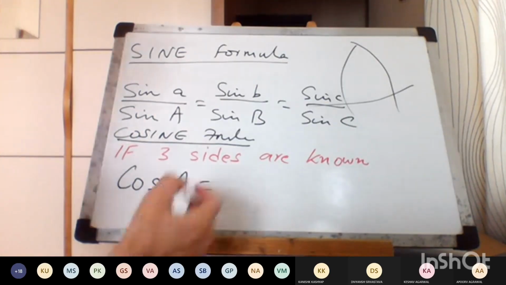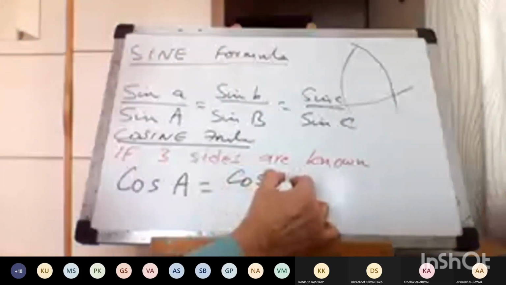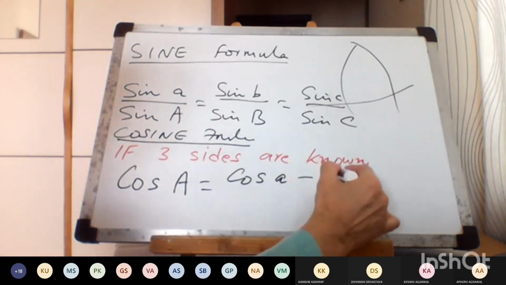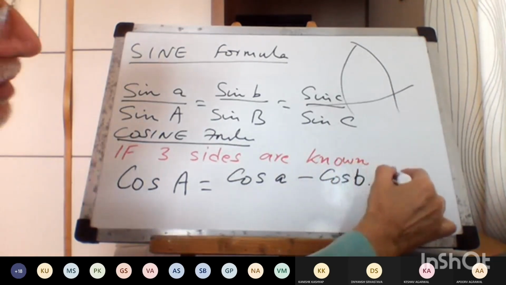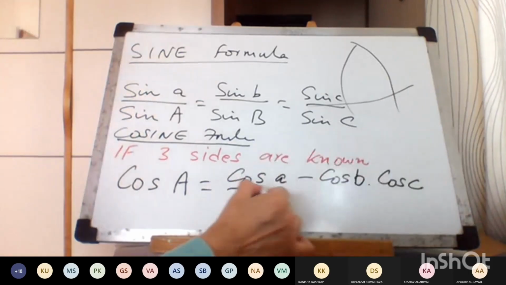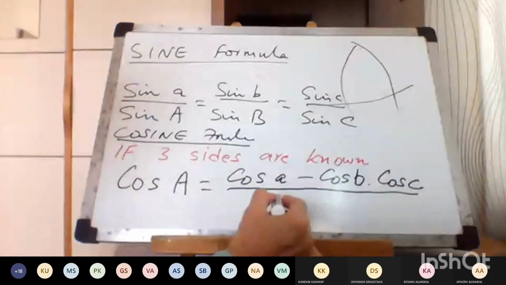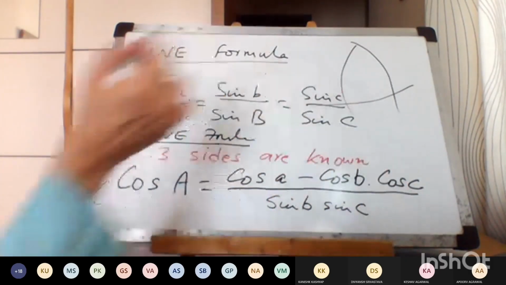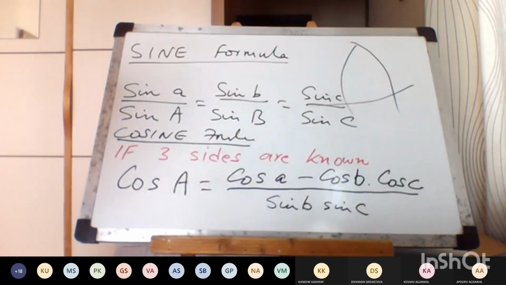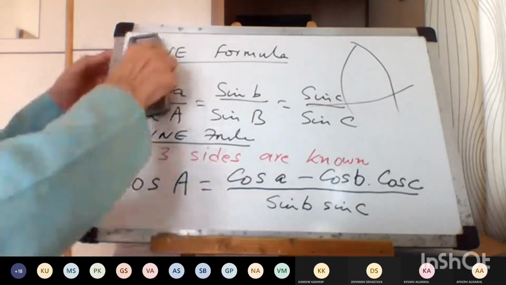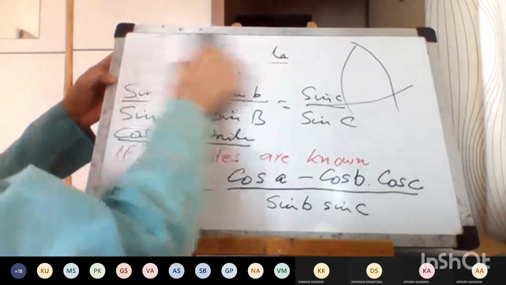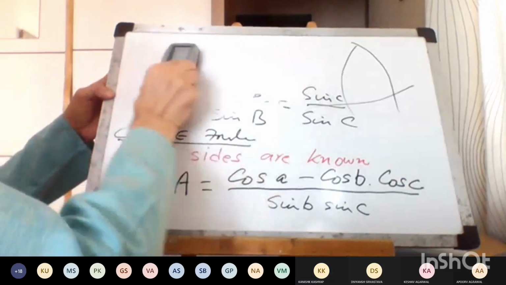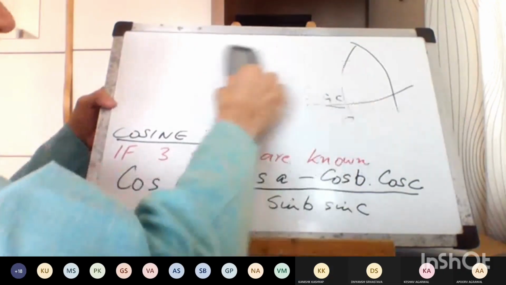Cos A is equal to cos a minus cos b cos c upon sin b sin c. Do you know this or no? Yes, sir. So you have to decide what is given. If 3 sides are known, then it is this.